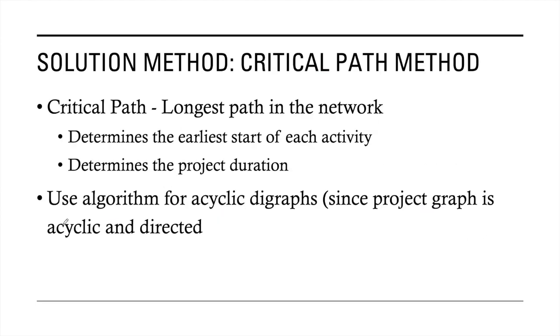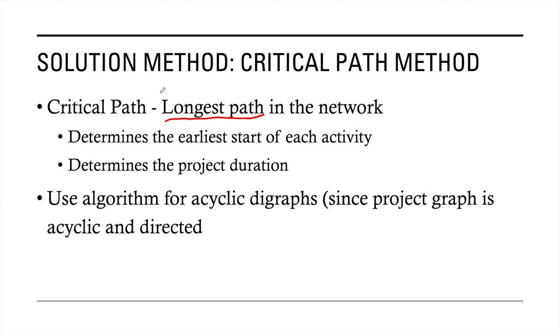Now, the solution method that we will be using for the PERT-CPM model is actually the acyclic digraph solution method. However, when we use the acyclic digraph solution method we learned before, we will not be doing the shortest path solution method. What we need to do is to look for the longest path. Why?